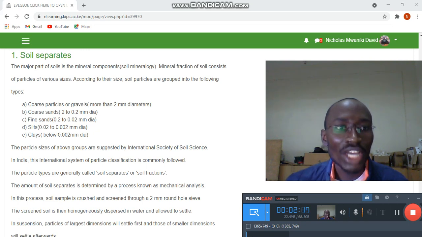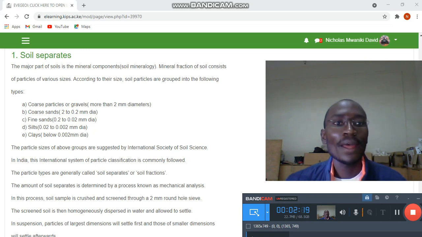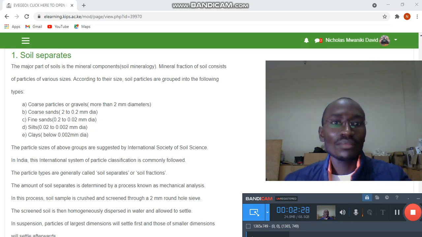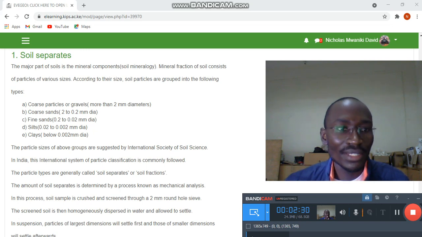We have the coarse particles, which have a diameter of 2 millimeters. And number B, the coarse sands, have a diameter of 2 to 0.2 millimeters. The other one is the fine sands, which have a diameter of 0.2 to 0.02 millimeters.